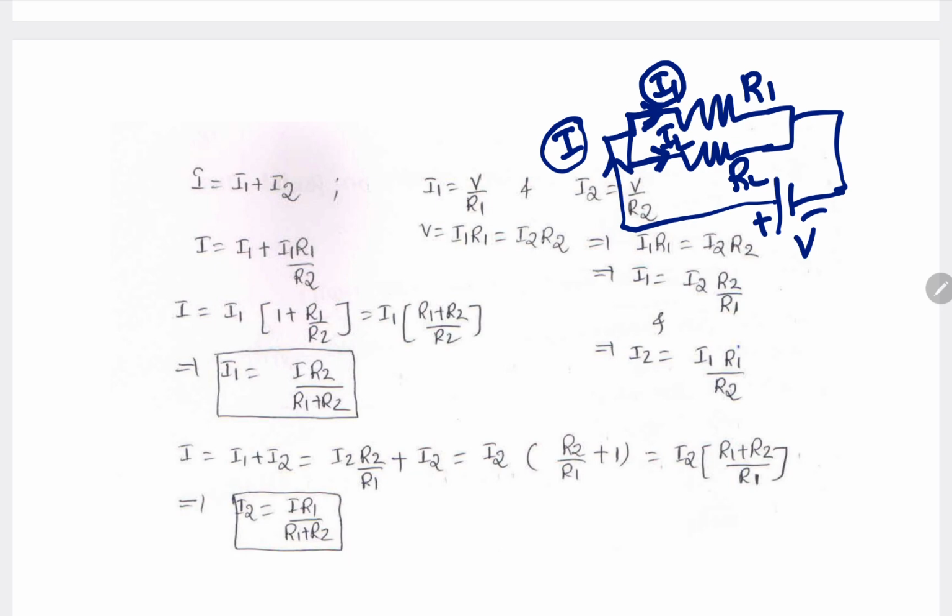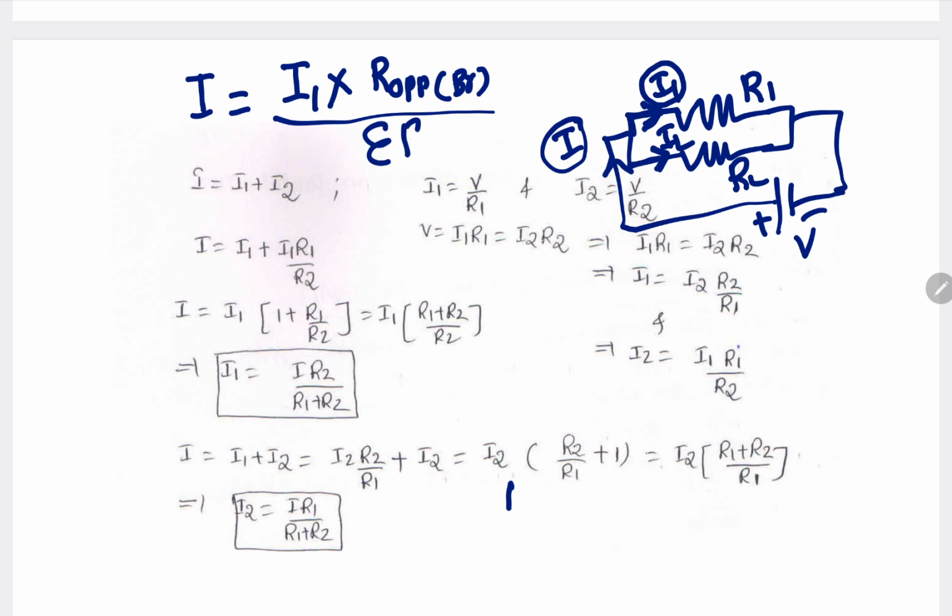Then the current division formula is: current through any resistor is equal to total current into opposite branch resistance, divided by the sum of resistors.